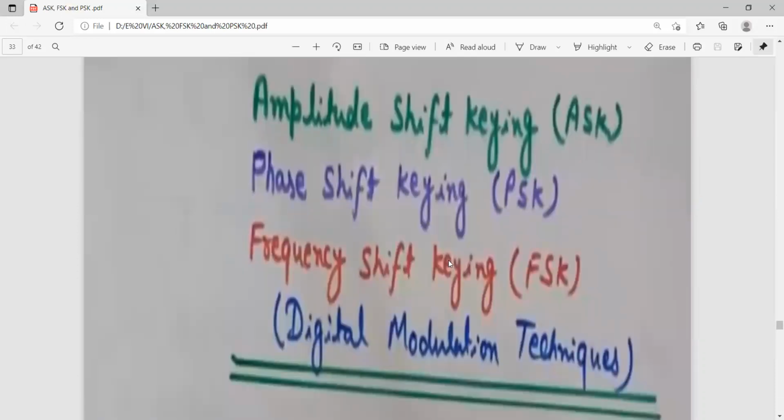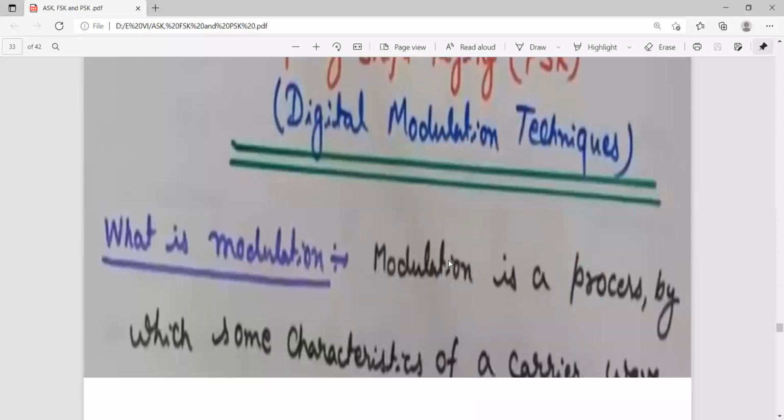So here we can define the things also. What is the definition of amplitude shift keying? What is the definition of frequency shift keying, and also phase shift keying?